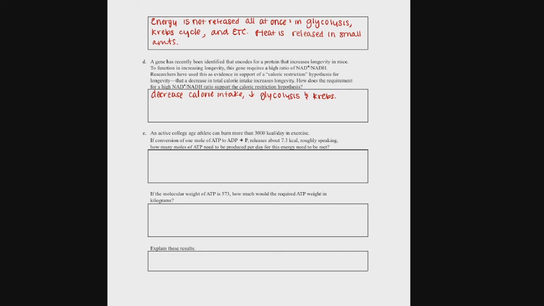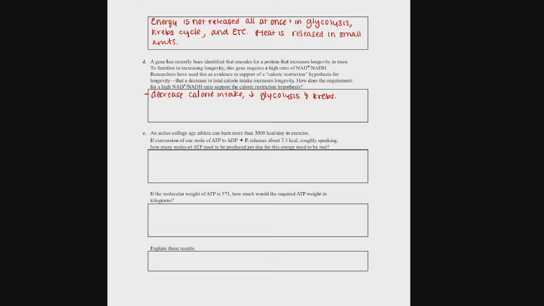So if there's less work in glycolysis and the Krebs cycle, there's going to be less NADH produced. So the NAD plus to NADH ratio will increase because we're not using as much NAD plus.